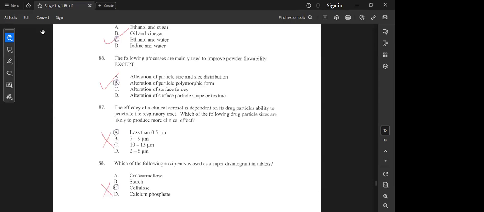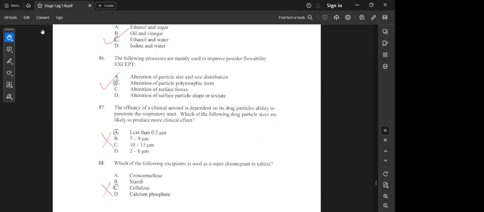I'm seeing someone has sent me something in my direct message. Let me just read it out. The subtopic is super disintegrants. These are a class of excipients added to oral solid dosage forms such as tablets, capsules, and granules to promote rapid disintegration into small particles after administration for facilitated rapid dissolution into GI fluid.